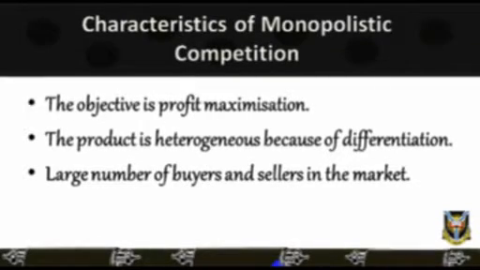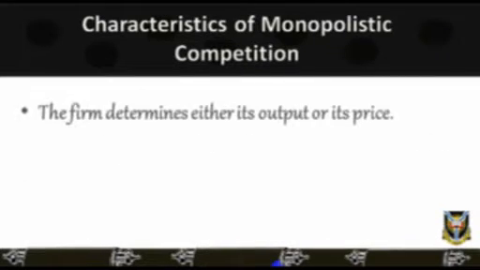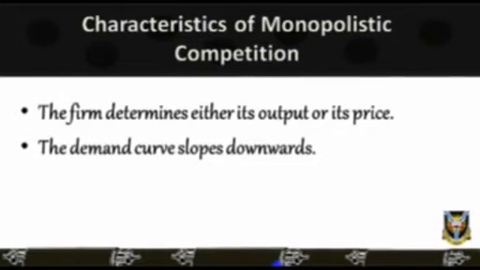No single buyer or seller dominates the market in such a way as to affect the price or output level. 4. The firm determines either its output or its price. 5. The demand curve slopes downwards. The slope is negative. Nevertheless, demand tends to be elastic.